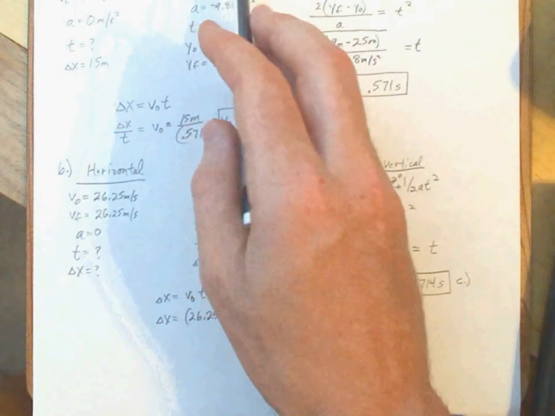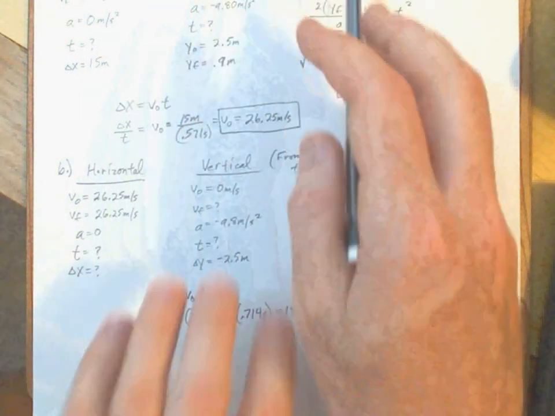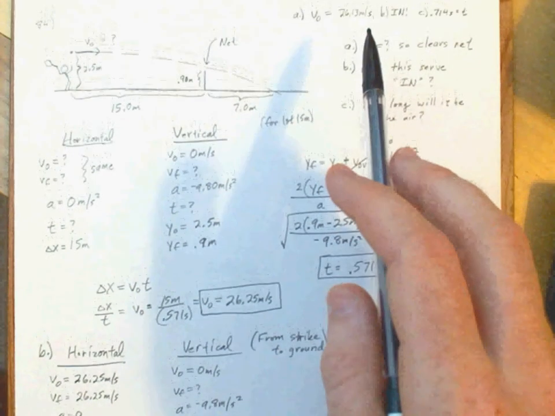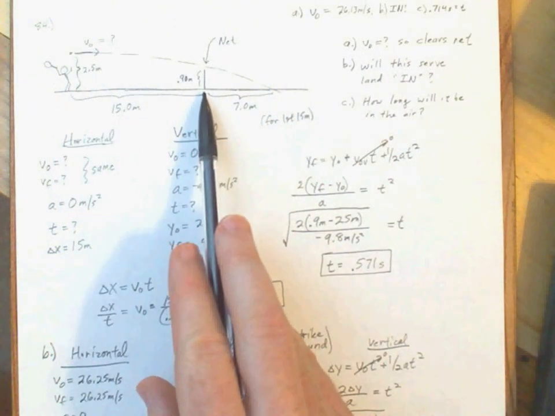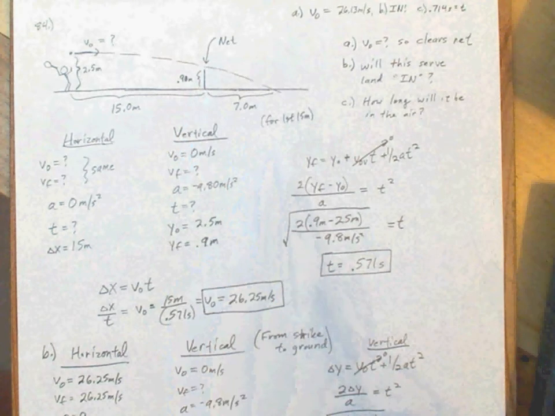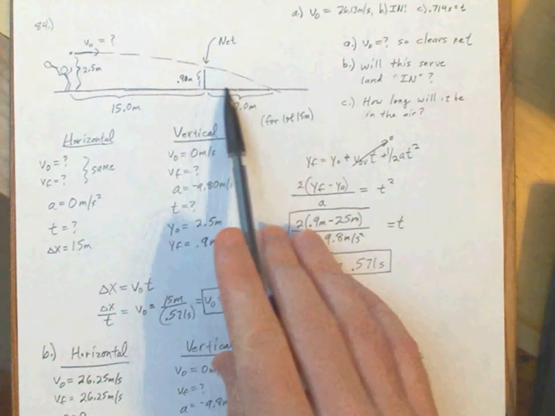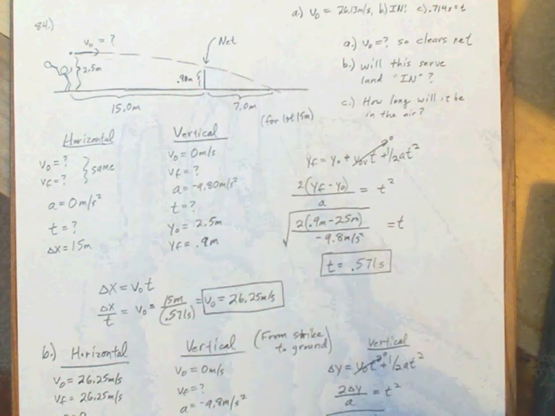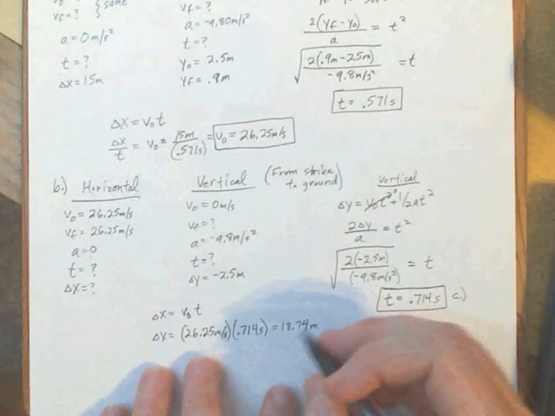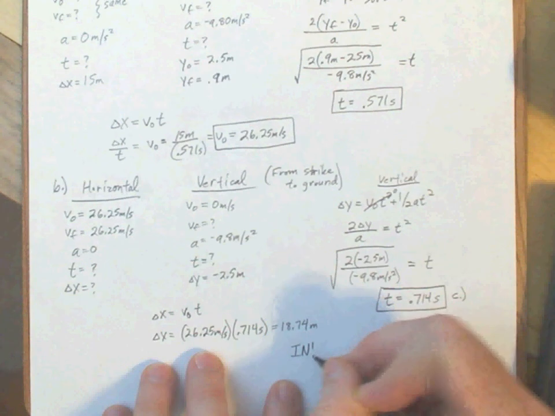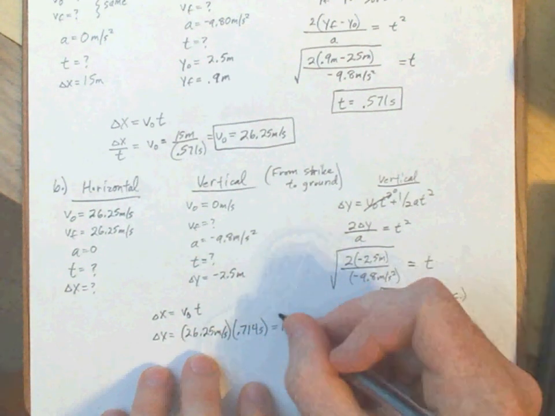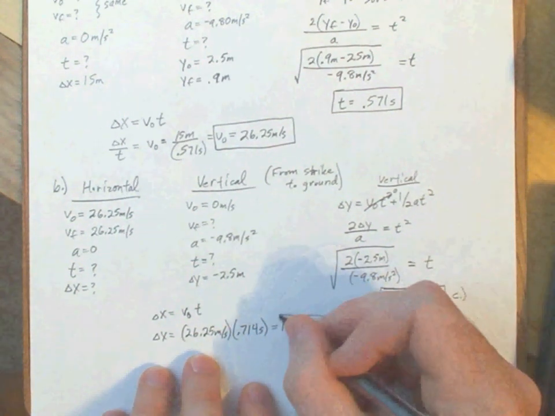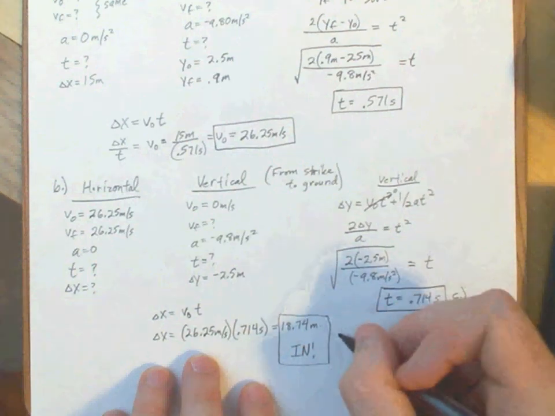The remaining 3.74 of those meters will get me somewhere past the net. It's definitely less than 7 meters. That ball lands in. Okay, and that's the end.